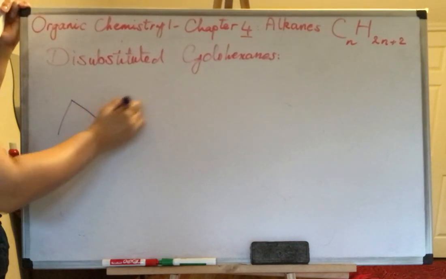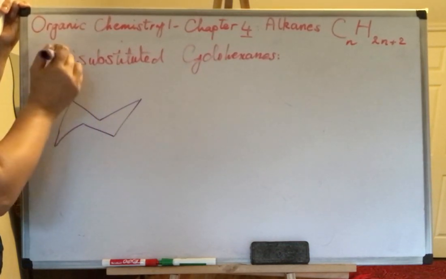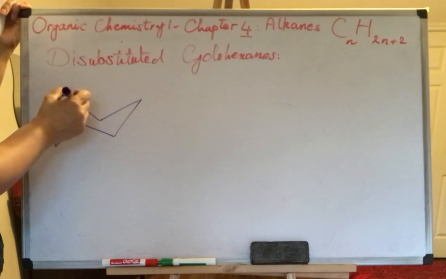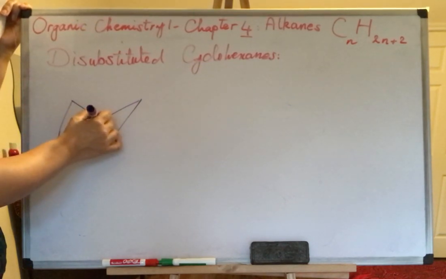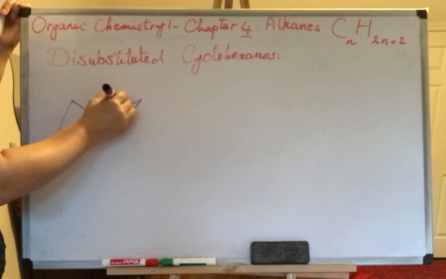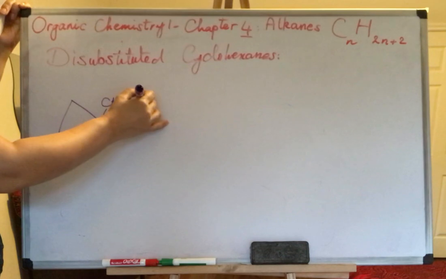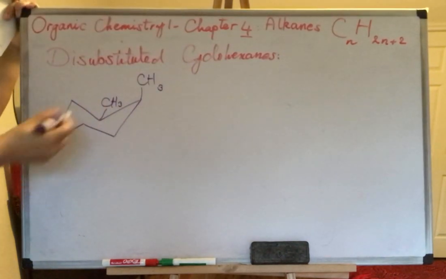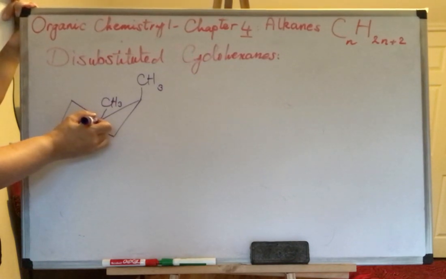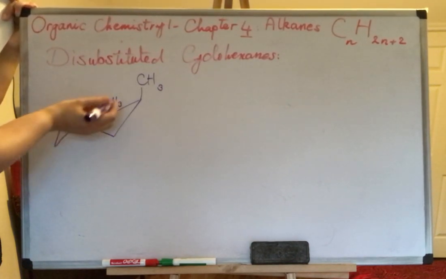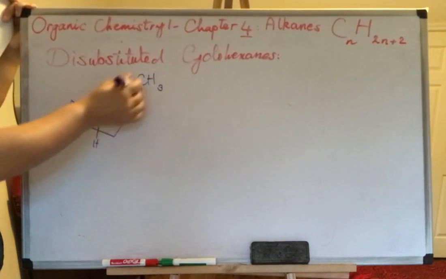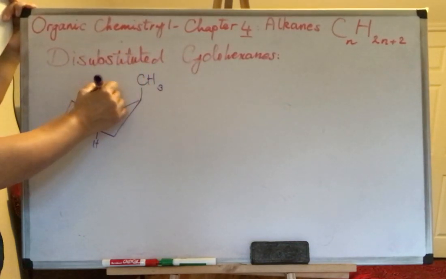Let's say you have this. Look, on the down carbon, our equatorial must be to the top, right? Because the axial is down. And here you have an axial, this is equatorial.